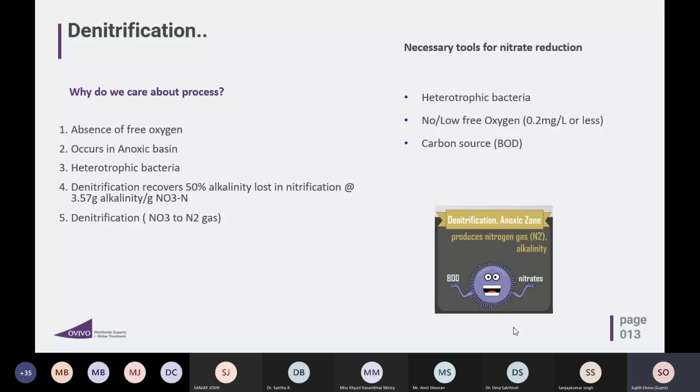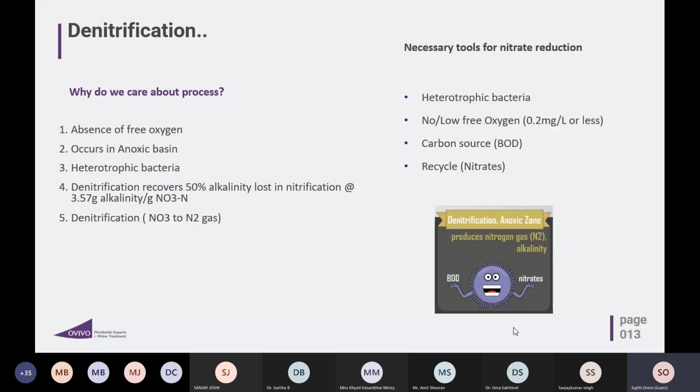But when you put the anoxic as post-aeration, because in aeration you already degraded the BOD, it is always necessary to add a carbon source, depending upon the process where you are applying this anoxic tank. And recycle nitrates, where you saw recycling is anyway required. So this is about the denitrification process.